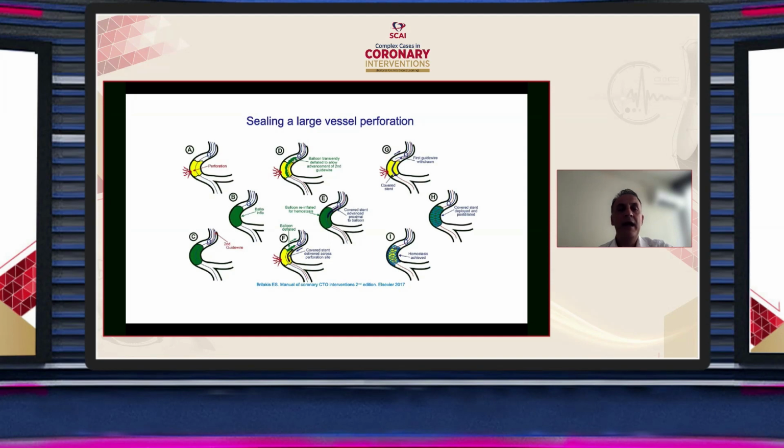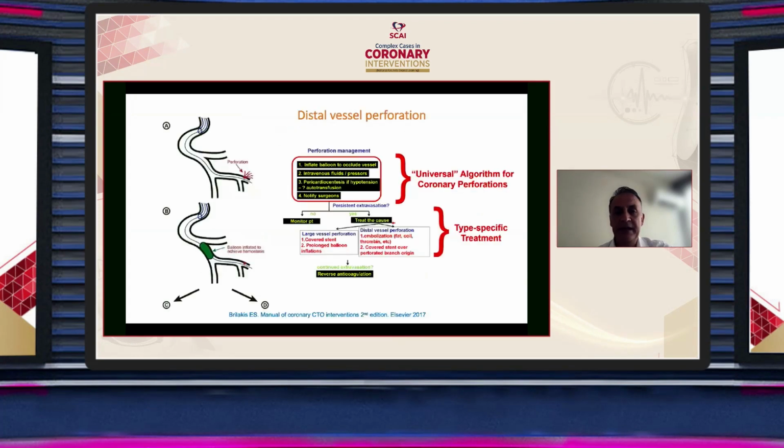It's better to send a second guide wire, and over that second guide wire we have to inflate another balloon, and we have to remove the first balloon and insert the graft stent, the covered stent. This is the best and safest way to deal with main vessel perforation. So in that case, we don't lose any time and we don't have any bleeding.